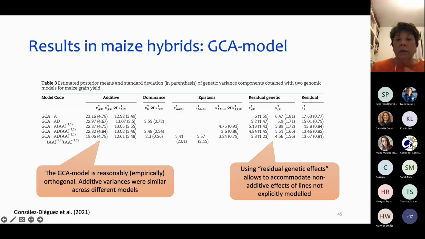And the other thing that we saw is that it's important to use the residual genetic effect or the permanent effect to accommodate all the non-additive effects of the lines that are not explicitly used in the model.